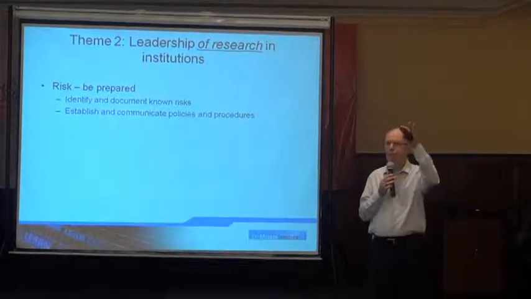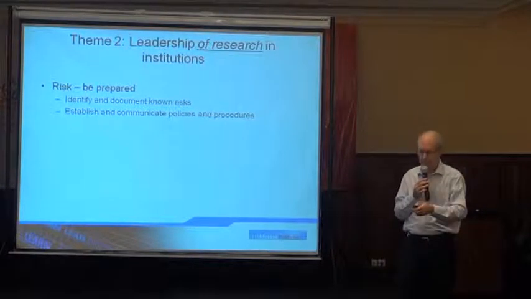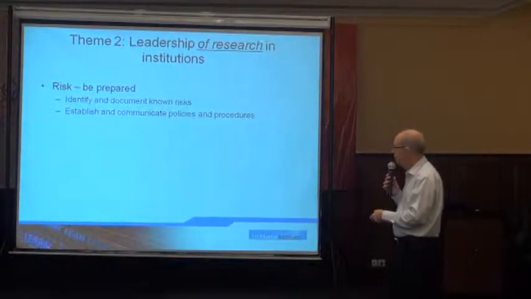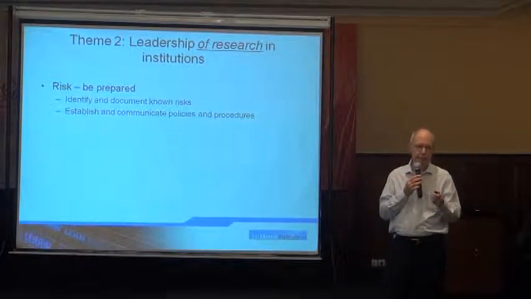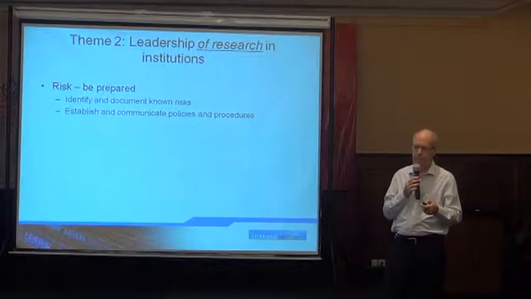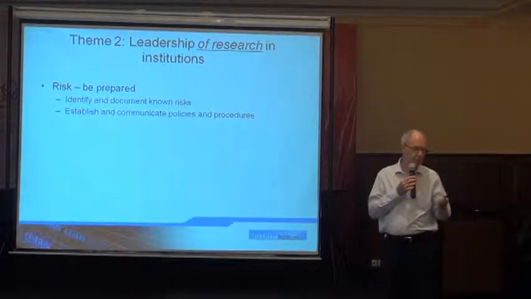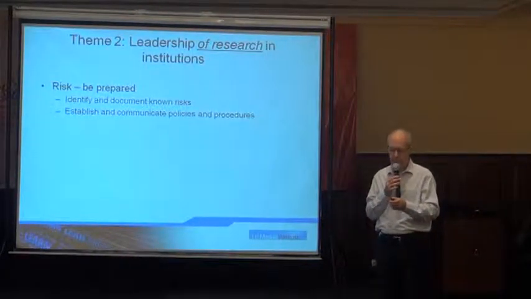So you build up a profile of low risk up to high risk. And it's the responsibility, I believe, of the governing body to review that risk profile at least once a year, if not more often. And it's the responsibility of leaders to get this list together.